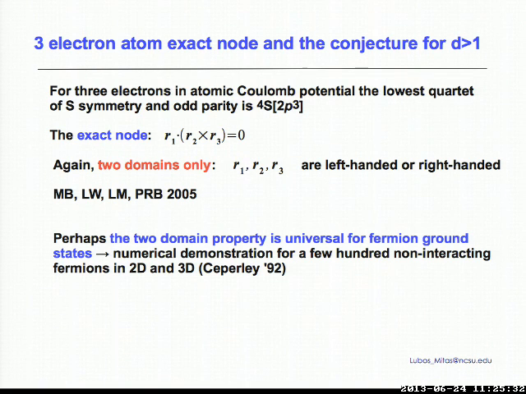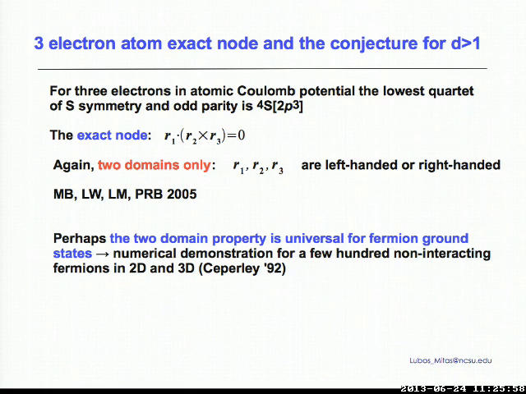You can find that the exact node has this form. It looks almost like a parity condition, which it actually is. And there are only 2 nodal domains because those 3 vectors are either left-handed or right-handed. On one side you have plus, on the other side you have minus. Irrespective of the interaction, you can crank up any interactions you want. Symmetry is so restrictive here that there are no other possibilities.